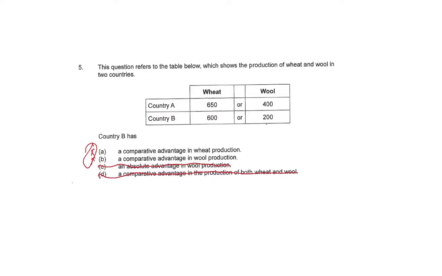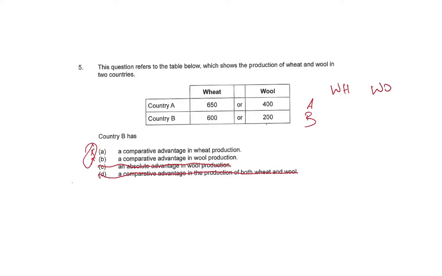So the first thing that I want to do is determine the opportunity cost of producing wheat for country A. So in other words, how many units of wool do I need to give up to produce 1 unit of wheat? That's what we talk about in terms of relative costs. So I'm going to convert this wheat, and we do country A, country B, wheat and wool.